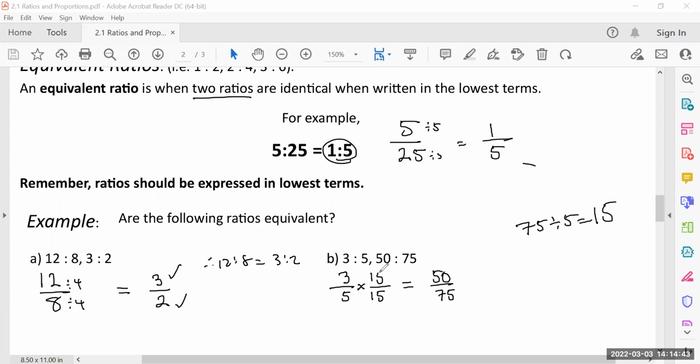So let's try it to the top as well. 5 times 15 is 75, but 3 times 15 is 45, not 50. So in other words, they are not equal. So just from multiplying with a fraction of 1, we have proven that it doesn't.